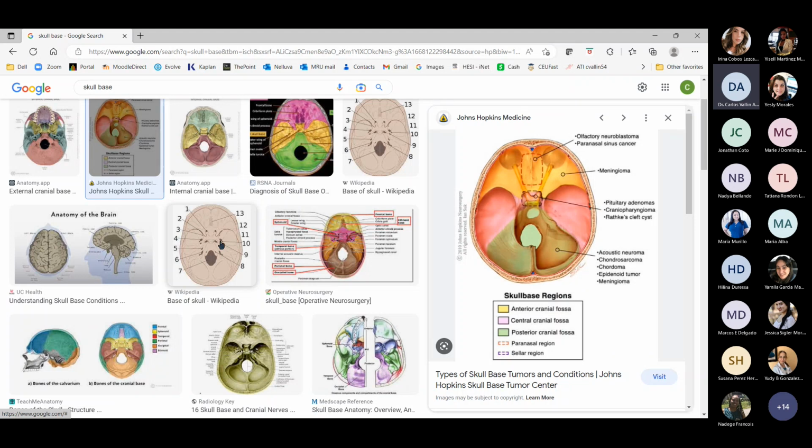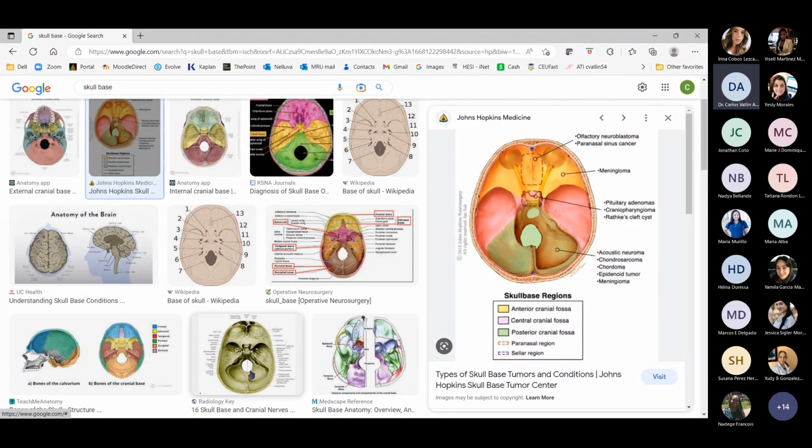Those cranial nerves that you studied need to leave the skull, because that's why they are called cranial nerves, because they originate inside the skull. And we also need holes for the carotid arteries to enter and for the jugular veins to leave. Make sense or not? Absolutely. So this is the base of the skull.